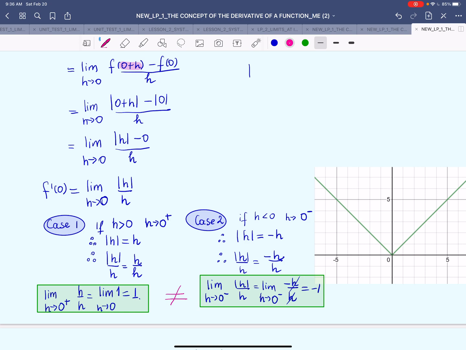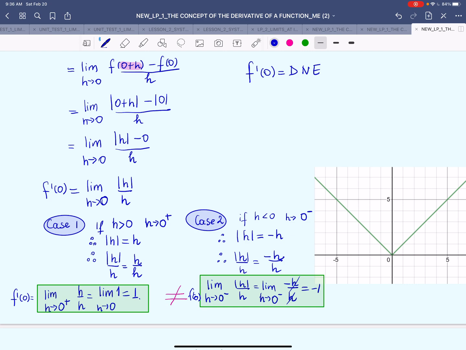So we can't tell for sure what the limit will be at exactly 0. And when we can't tell what the limit will be at 0, it means that the limit is undefined. Remember, this limit measured the derivative of the function at 0. So the derivative at 0 doesn't exist because the left and the right didn't agree.